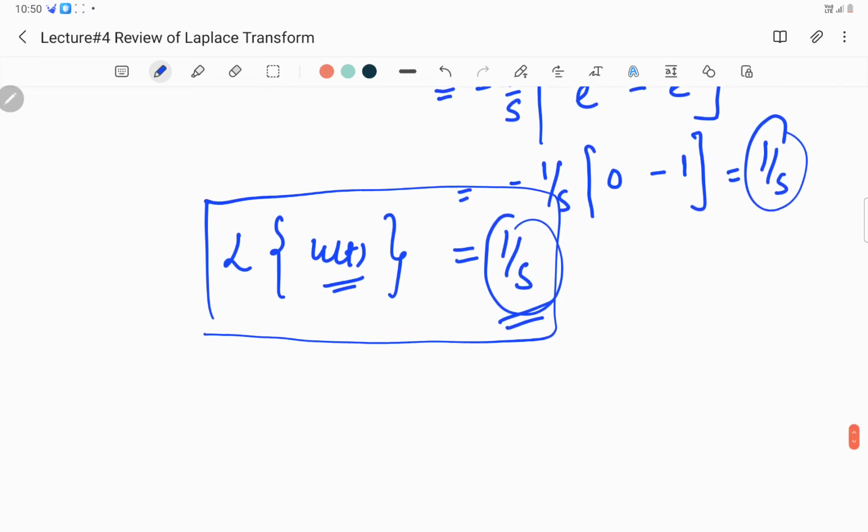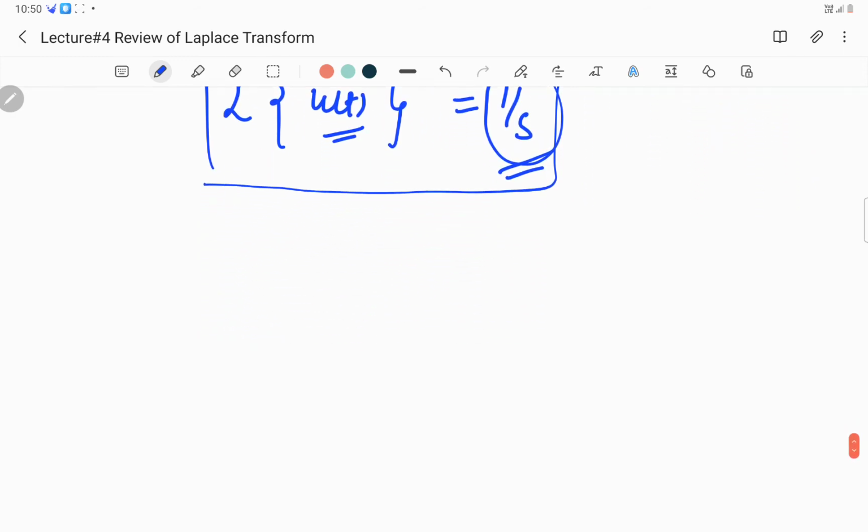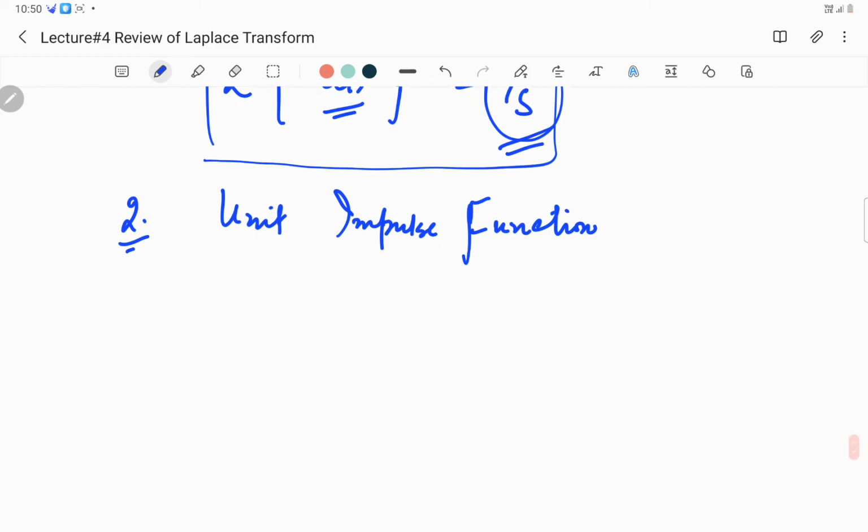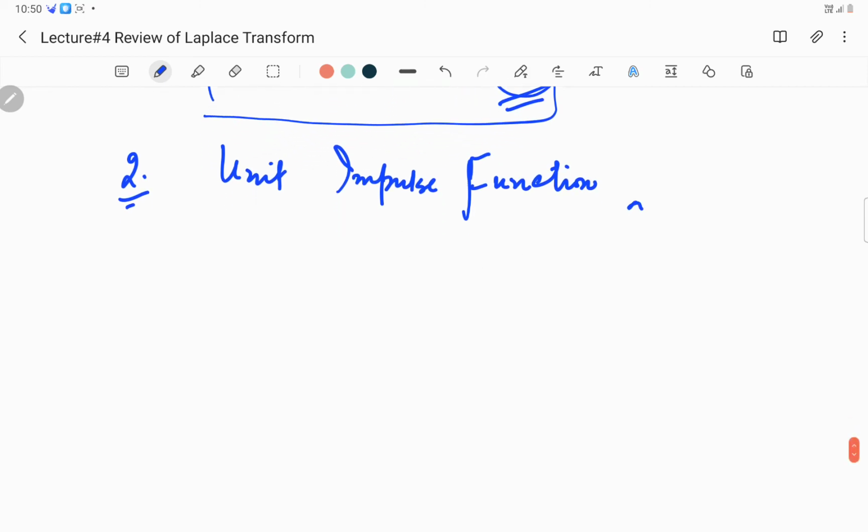Now let's take another example. Example number 2: the unit impulse function. An impulse function mathematically can be shown as, if we plot time versus magnitude, this is value 1.